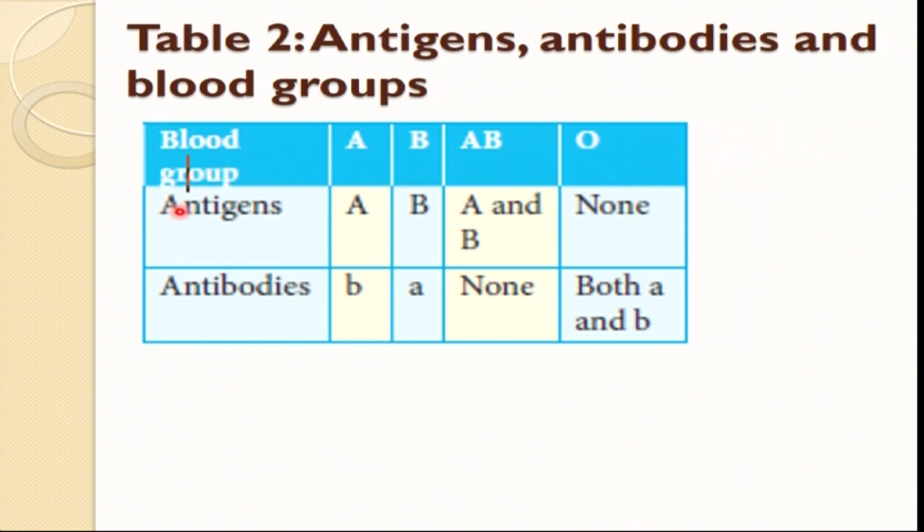A person with blood group A has antigen A and antibody B. Blood group B has antigen B and antibody A. Blood group AB has antigens A and B and no antibodies. Blood group O has no antigens but has antibodies A and B.